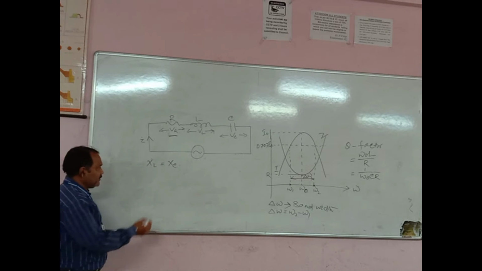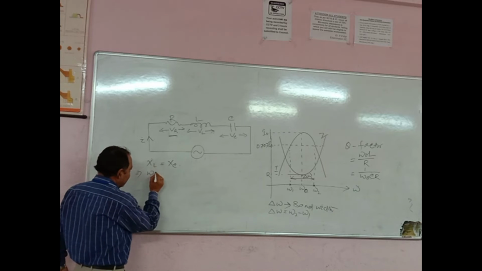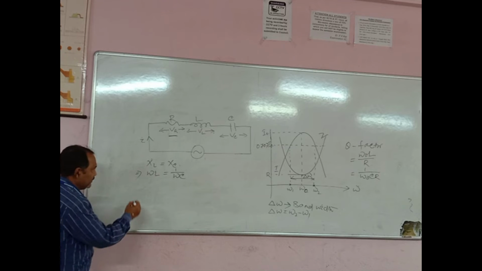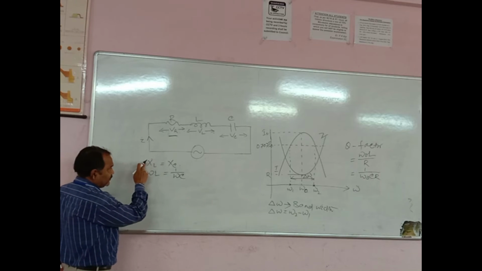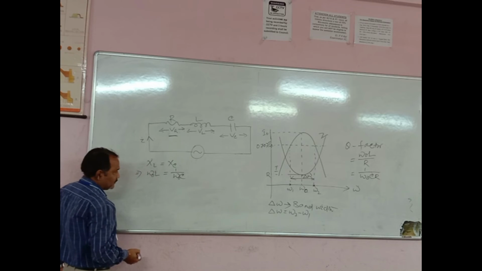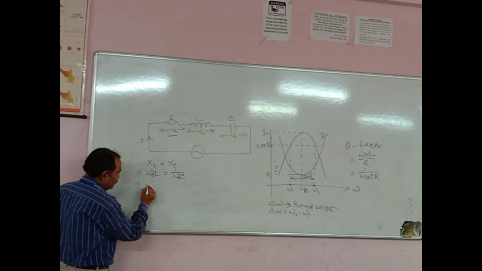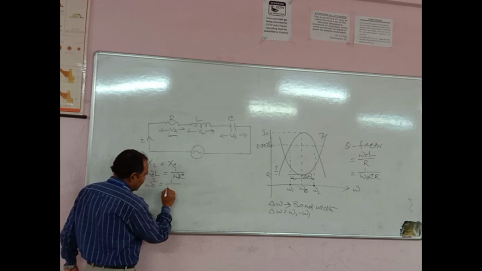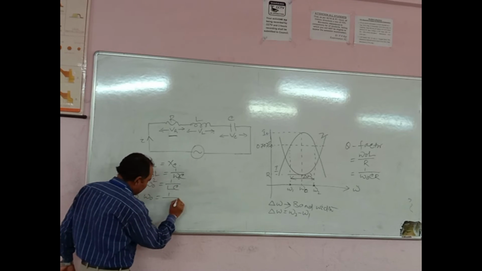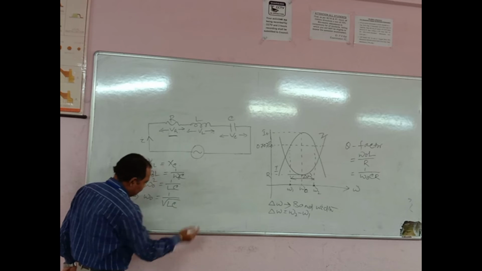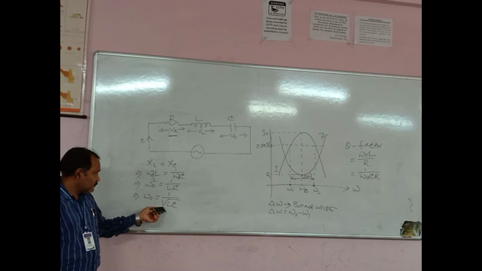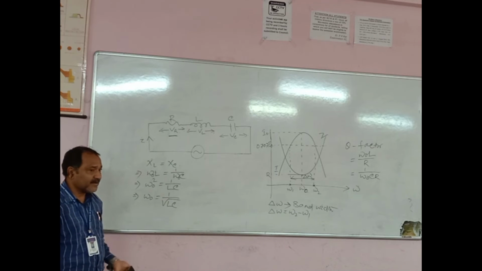So if XL is equal to XC, then omega L is equal to 1 by omega C. As resonance occurs, this is the resonance condition, so the frequency is omega 0. So omega 0 square is equal to 1 by LC, or omega 0 is equal to 1 by root over of LC. So this is the resonant frequency, and this is known as the dynamic impedance of the circuit.